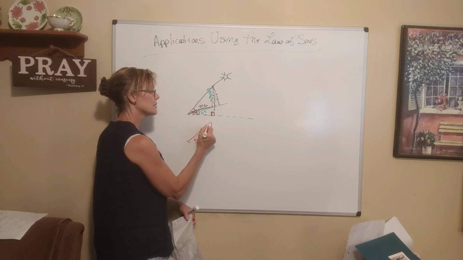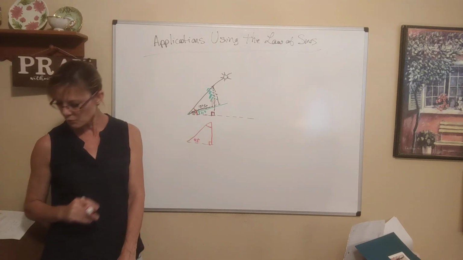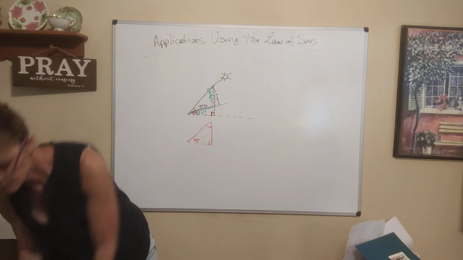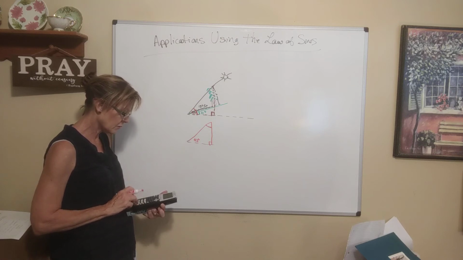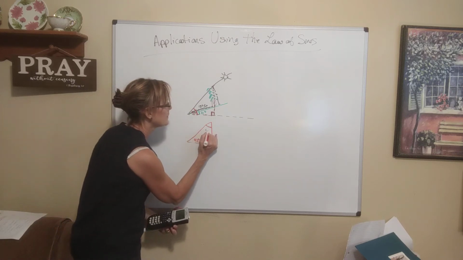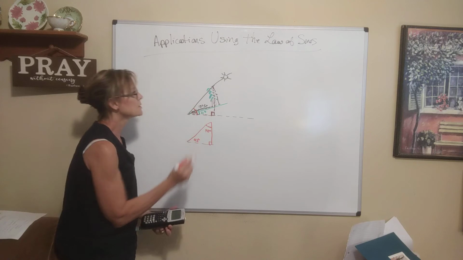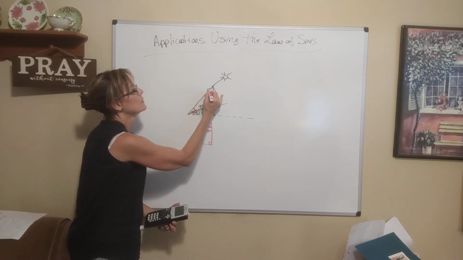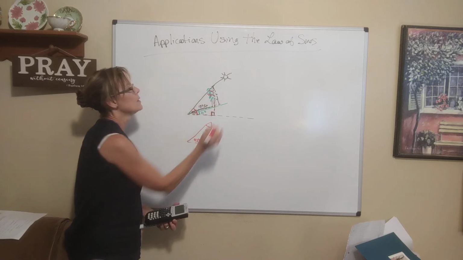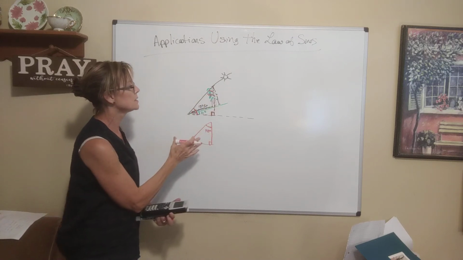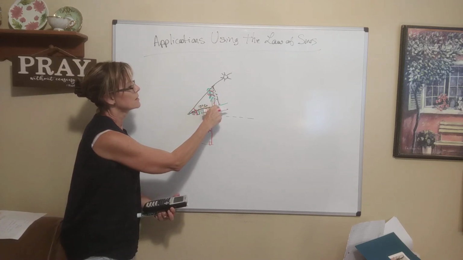So we could figure out this angle by subtracting from 180. So 180 minus 90 minus 42 gives me 48 degrees. That is helpful, because what we really need to know is this height from here to here.